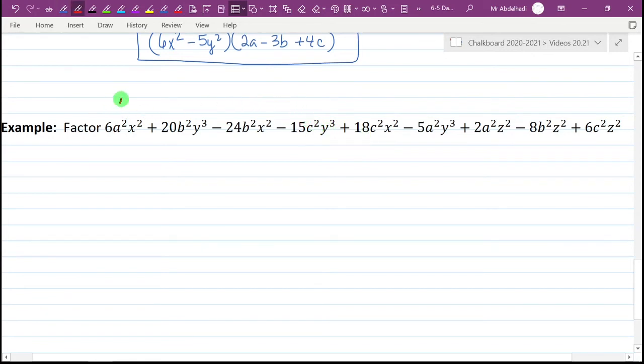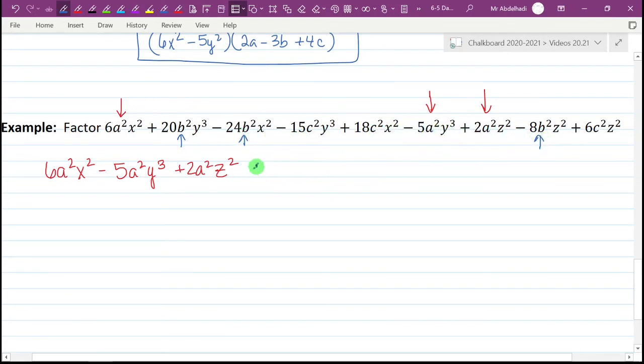So let's see. I have an A here. I have an A here. And I have an A here. So that'll be one group. So we'll do 6a squared x squared. That's that one there. 5a squared y cubed, and 2a squared z squared. That's one group. The second group I'll do is the b's. So there's a b there, there's a b there, and there's a b there.